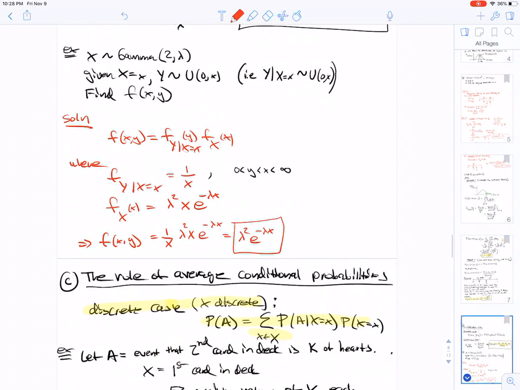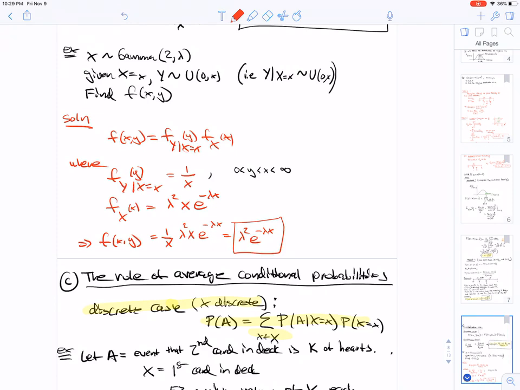So we just use the definition of the multiplication rule. The conditional density is just 1 over x, because if you have uniform 0 to x, the conditional density is just 1 over x.